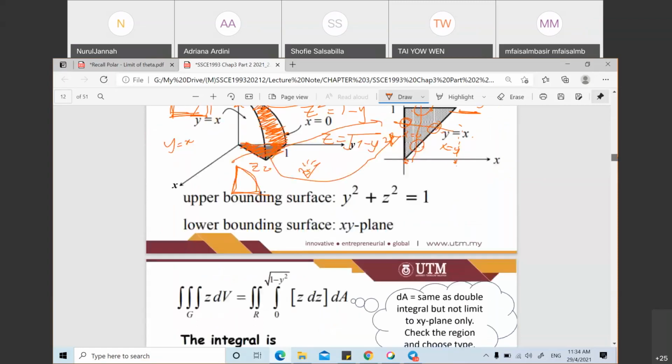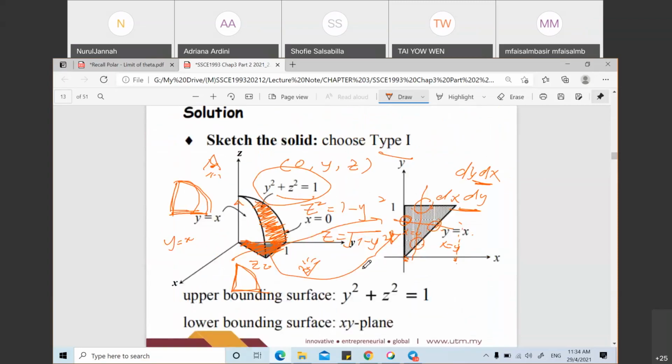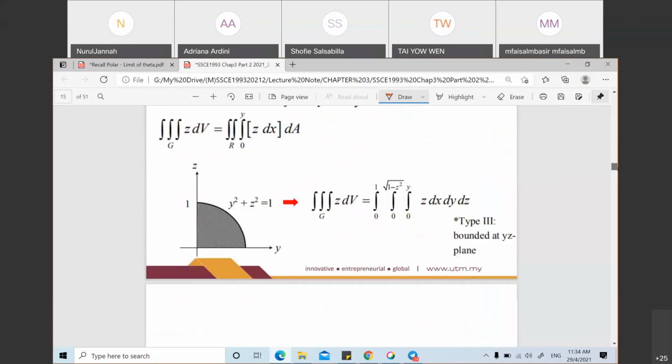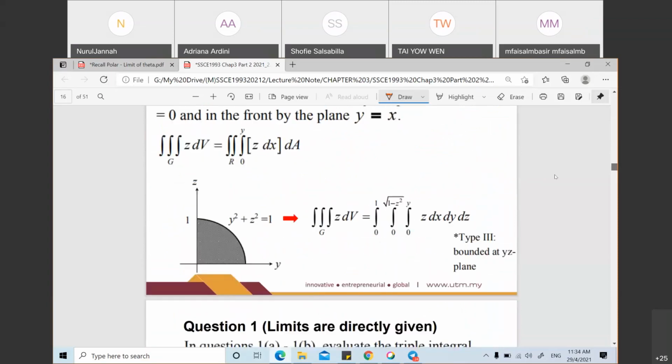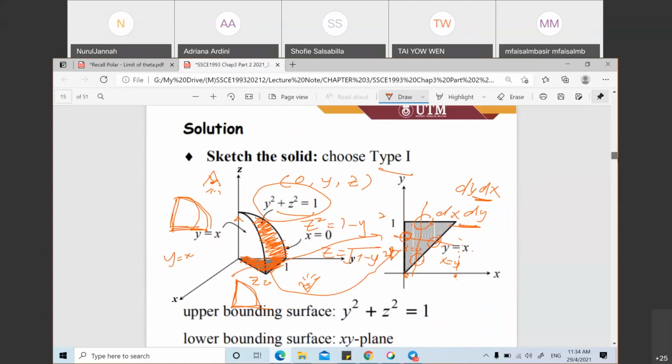So yz, which one is yz? Yeah, yz. You choose this part at the back. You cut them, give here. So the above part will be y squared plus z squared equals to 1. And here is 1. And for sure, do you know what is this value? Should be 1, right? See back? Yeah, 1.